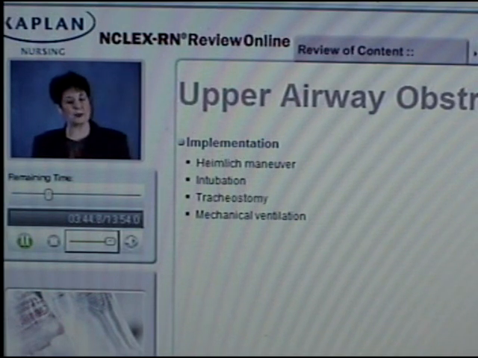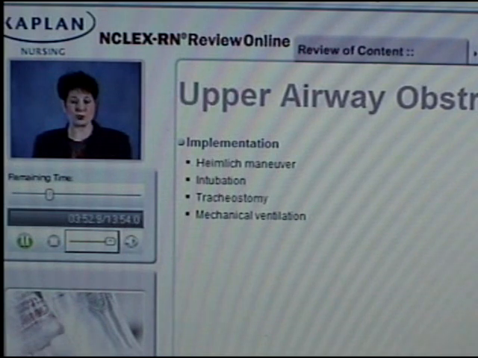Now, one of the other things with a tracheostomy or the endotracheal tube is you want to make sure that tube stays patent. And the most important way that you're going to do that is by suctioning the patient as needed. One frequently asked question on NCLEX is, how would you know the patient needed to be suctioned? Someone that had an endotracheal tube or a trach. And again, very important information.